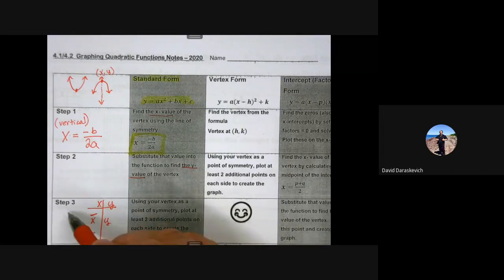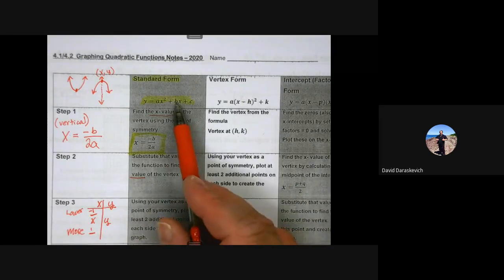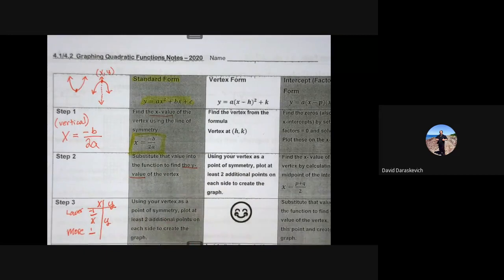I usually use one less and one more to find my y's. In other words, if my point is 0, comma 0, one less would be -1, and one more would be 1. Then I plug those into the equation, I get my y's.